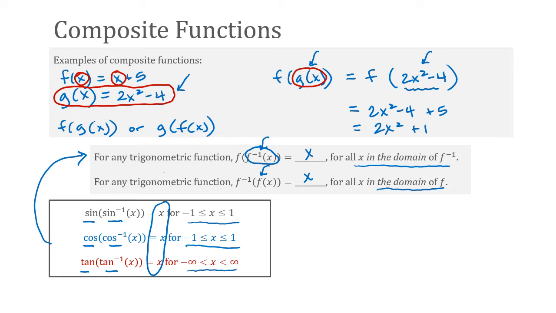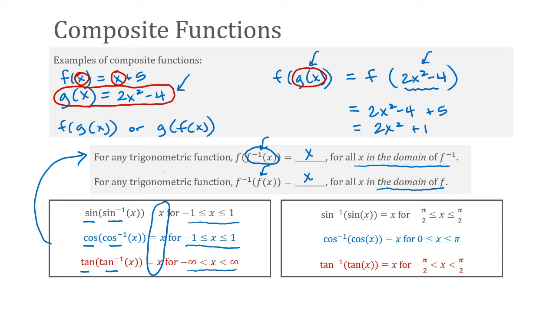Now, let's reverse it. Now, let's do inverse sine, inverse cosine, inverse tangent, composed with their original functions. And they're still all going to equal x. But we have to make sure that those x's are in the domain of f.